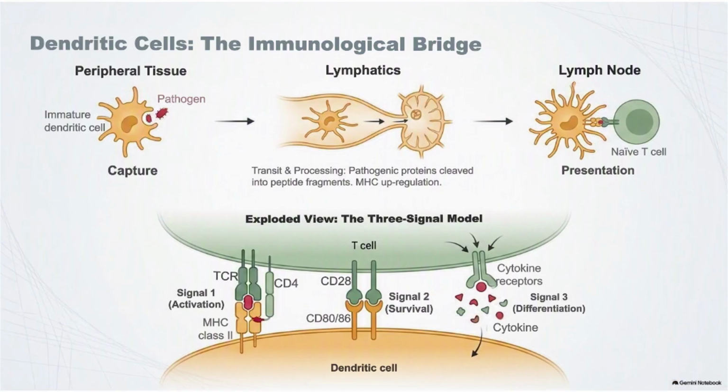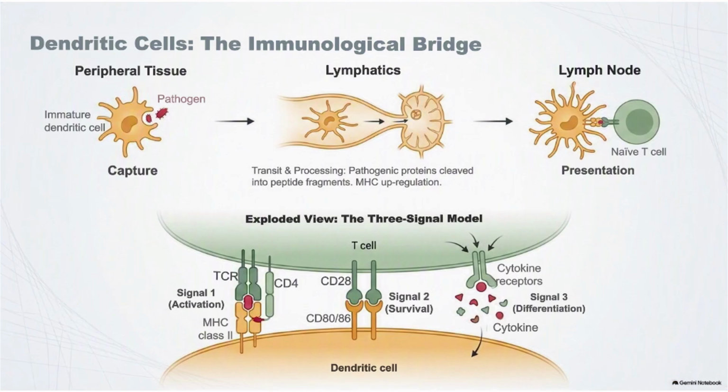So on the last slide, we introduced dendritic cells as professional messengers. Now let's follow the message. The process begins in peripheral tissue, where an immature dendritic cell captures antigens through mechanisms such as phagocytosis or receptor-mediated endocytosis.